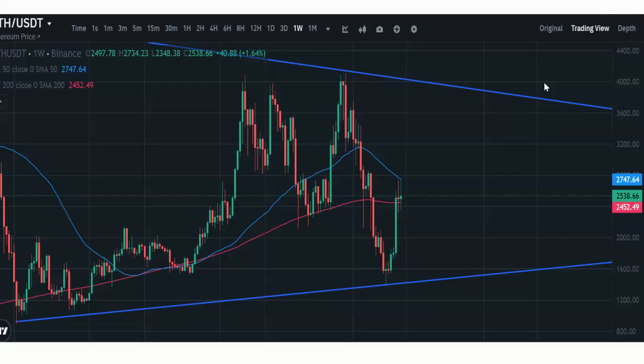So I'm not going to go long on this pair, Ethereum USDT. Again, do your math before you take your decision. But for me, for sure, I'm not going to go long. If I have any margin, I'm going to short. But as a rule of thumb, if it breaks this high or if it breaks this low, it's going to run parabolic. So remember that.